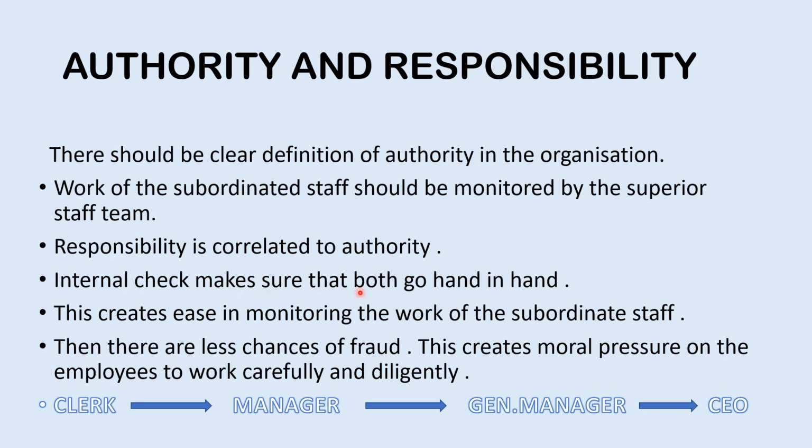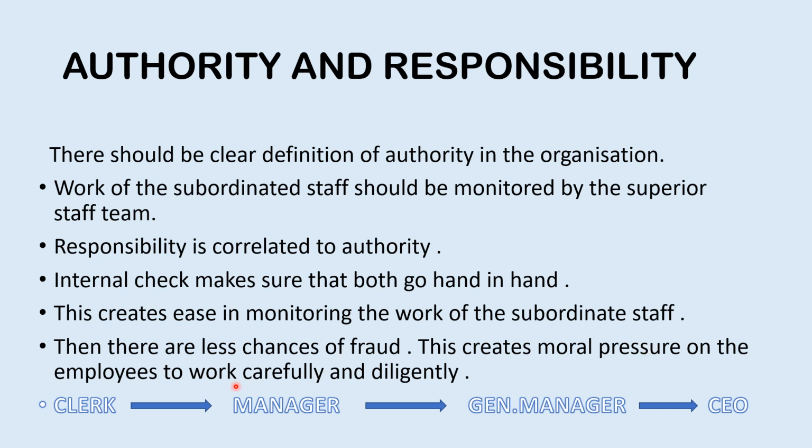Internal check makes sure that authority and responsibility go hand in hand. This creates ease in monitoring the work of subordinate staff. You will be a good monitor only if you have some authority. If you do not have authority, you are just a nominal head, and you will not be able to carry on your duty nicely. If authority and responsibility go hand in hand, there are very few chances of fraud, and this creates a moral pressure on the employees to work carefully and vigilantly.